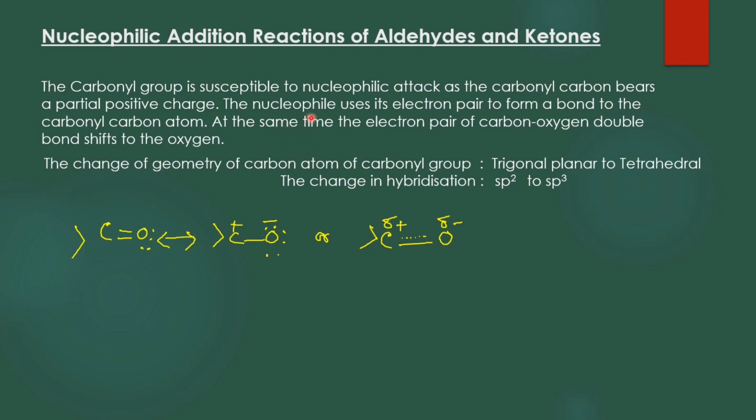The nucleophile uses its electron pair to form a bond to the carbonyl carbon atom, and at the same time the electron pair of the carbon-oxygen double bond shifts to the oxygen.